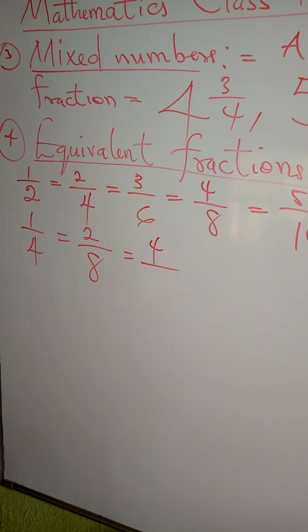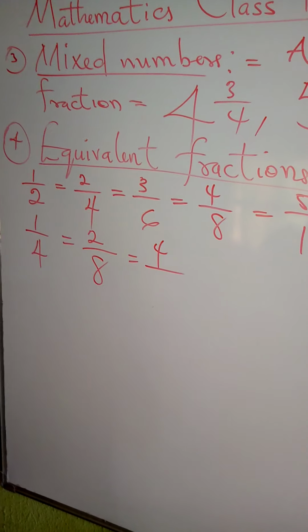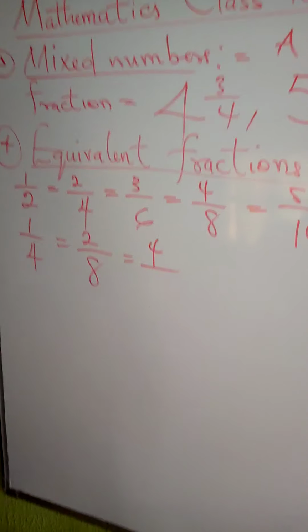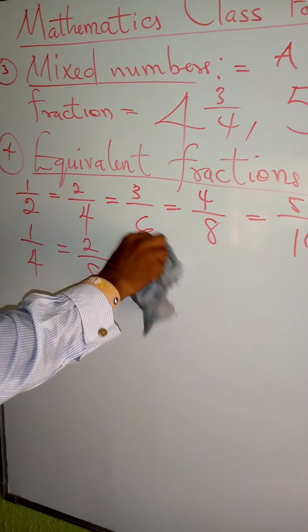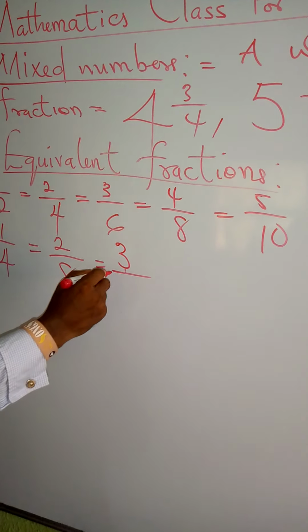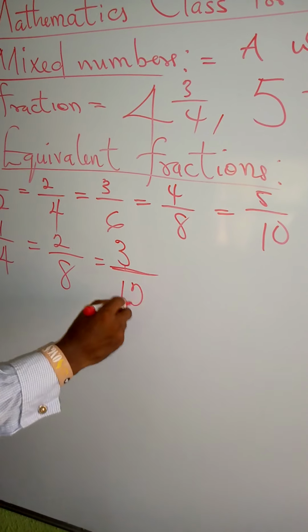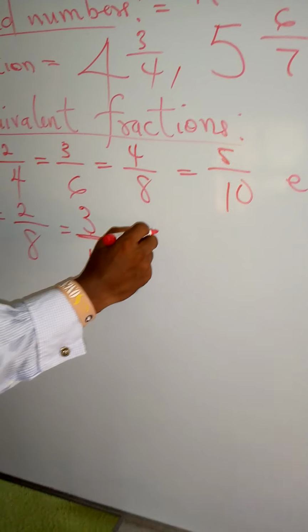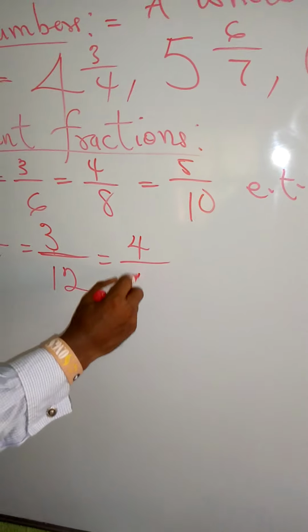Okay, let's go accordingly. You have 1 over 4. You have 2 over 8. And after 2, we have 3. You have 3 over 12. After 3, you have 4 over 16.